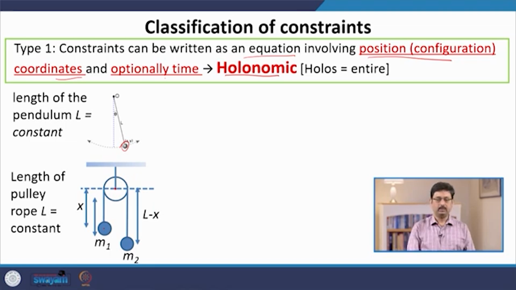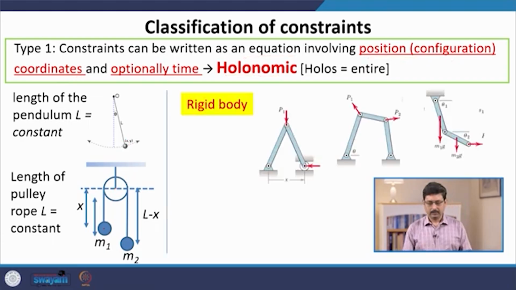So, their motions are not independent. They must move together in such a way that the length of the rope remains constant.